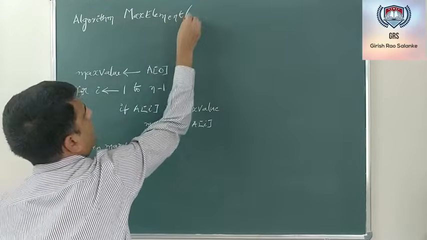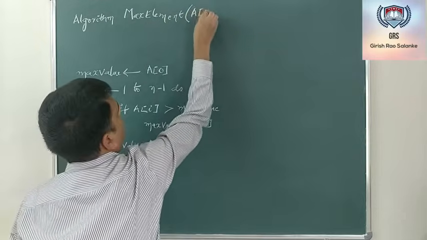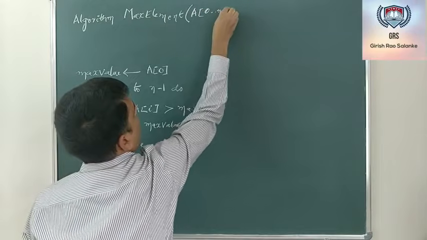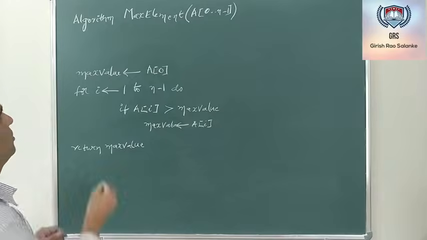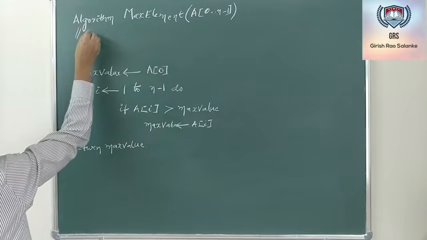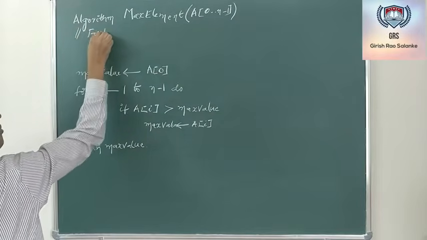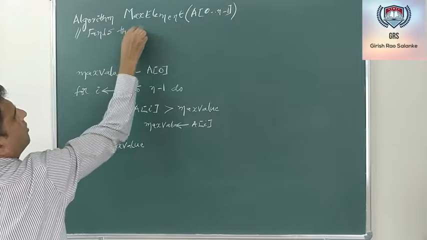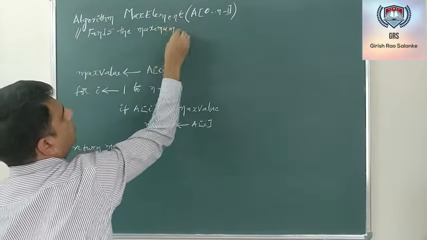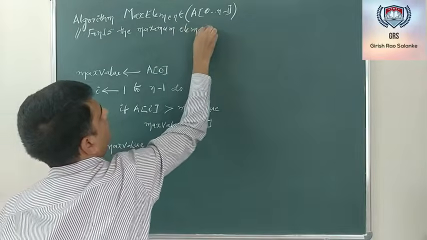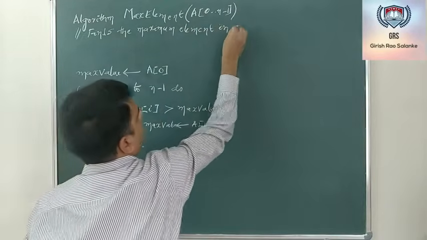What is the input? The input is an array of elements stored from A of 0 to n minus 1. Let me write the description: this finds the maximum element in an array.